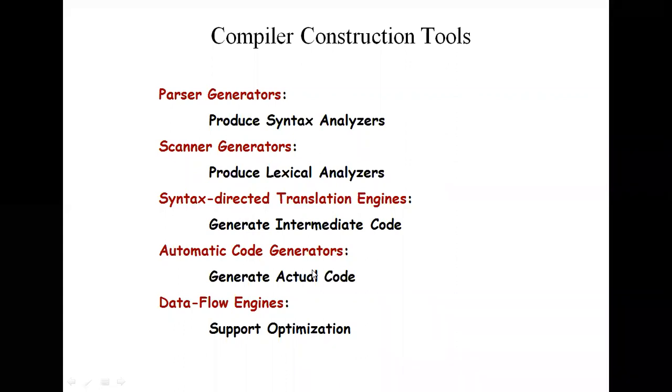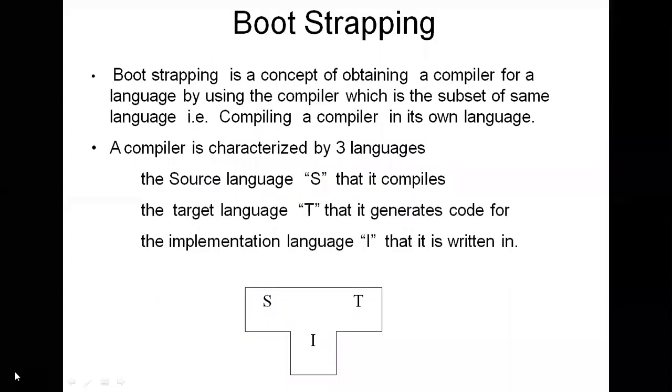The templates are nothing but 3-address code templates. And finally, in the data flow engine, by using data flow analysis, these engines act as tools and support the optimization techniques. Here also the input specification is in the form of template code, in the sense 3-address code format. That's it. This is the clear and detailed explanation about compiler construction tools. And now we are going to the next concept, bootstrapping.